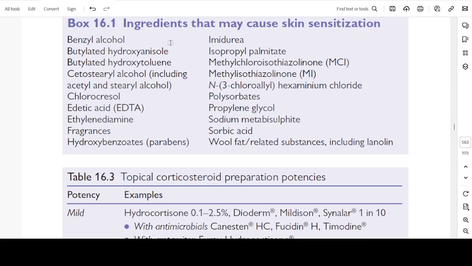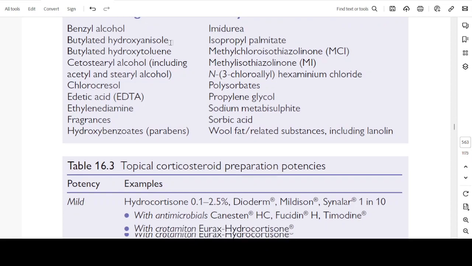So these are the ingredients present in the emollients which may cause skin sensitization.